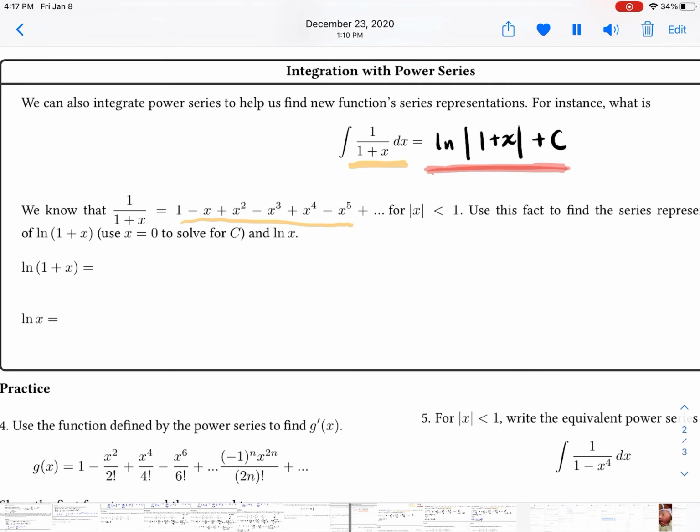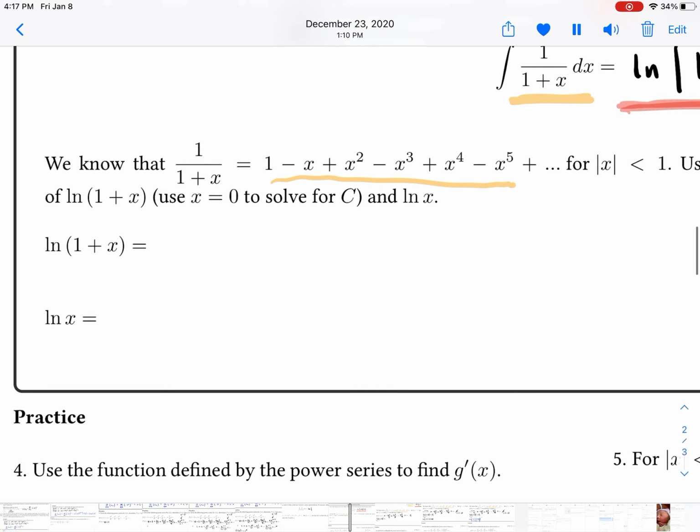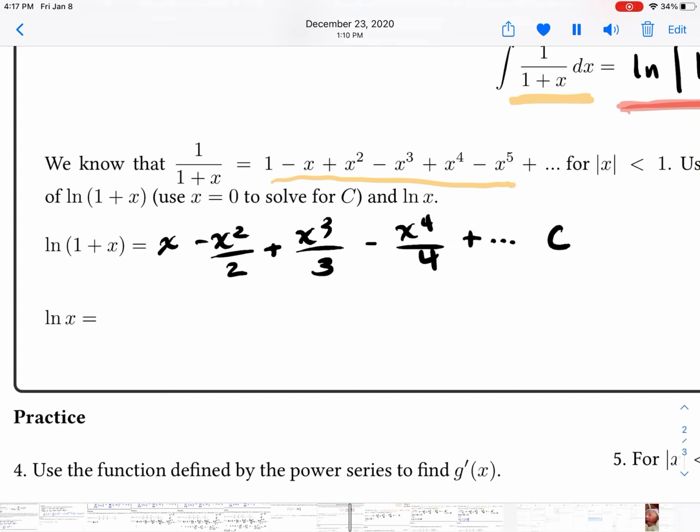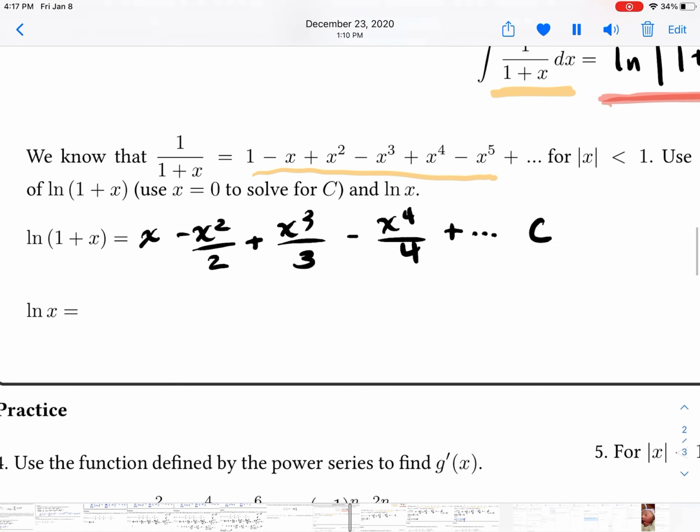So we're going to write the following. We've got x minus x squared over 2 plus x cubed over 3 minus x to the fourth over 4, and so on. Well, I need to solve for c, and I'm just going to use that x is equal to 0 to solve for c.